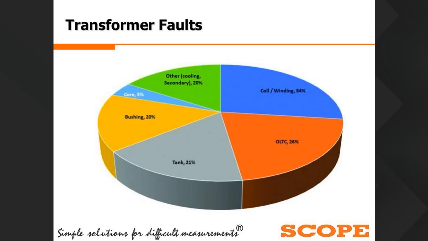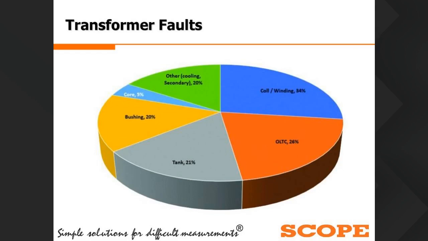The failure of the tank due to external or internal damages is 21%. The failure of bushing, failure of insulation, 20%. Failure of core due to overheating or short circuit is 5%. And other, that is cooling and secondary parts, the failure of the transformer is 20%.